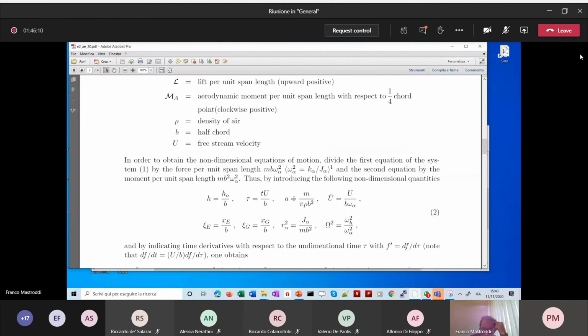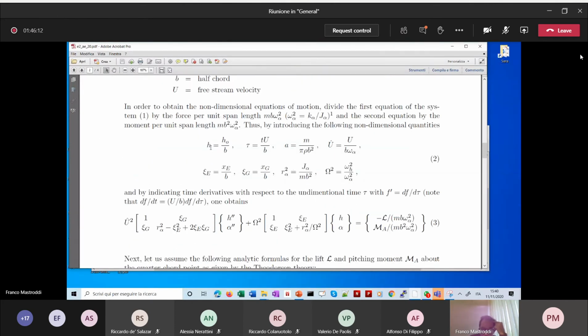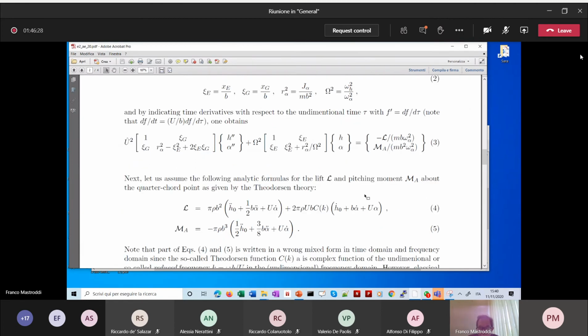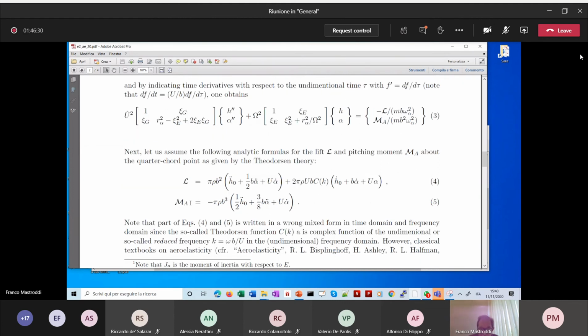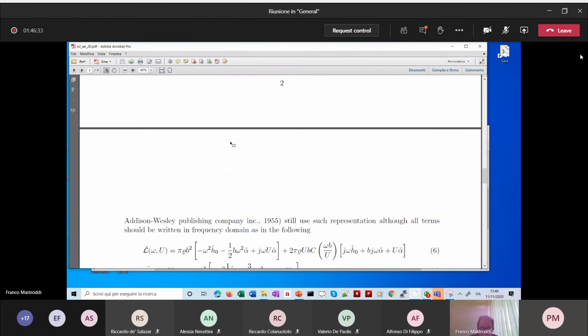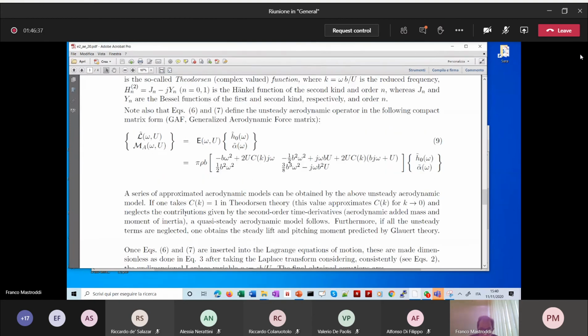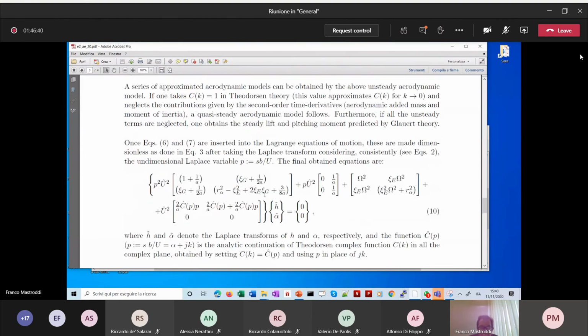We have nondimensionalized this equation with this nondimensional group here. We have the lift, we have the moment. We have also our Theodorsen theory for lift and moment. You can nondimensionalize your L and M. And at the end of the story, substituting this inside the equation in Fourier domain, you have this, and then assuming this, we have this very final formula.